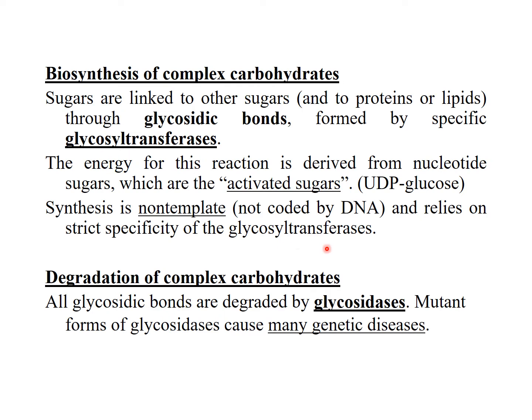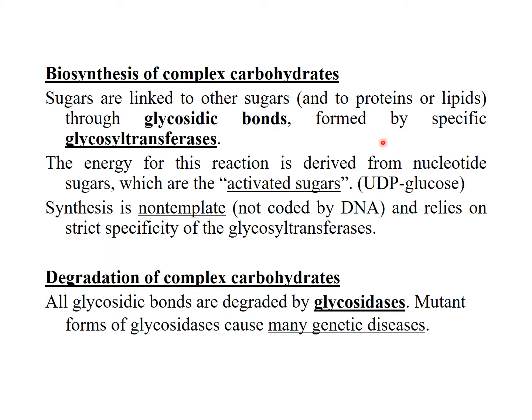Now, for every different bond, we need a different enzyme. So depending on what will be upregulated among the glycosyl transferases will determine what kind of glycosylation we can put on the protein. Okay?